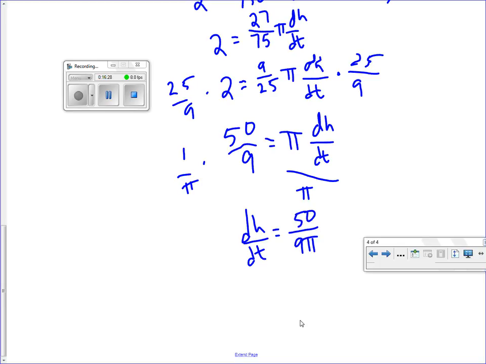The unit for height is centimeters, and the unit for time is seconds. So the rate will be centimeters per second.